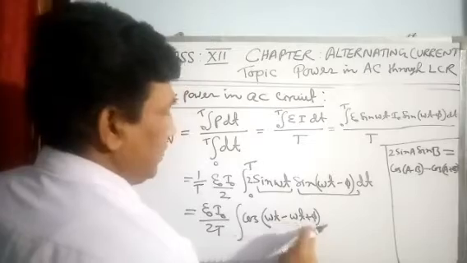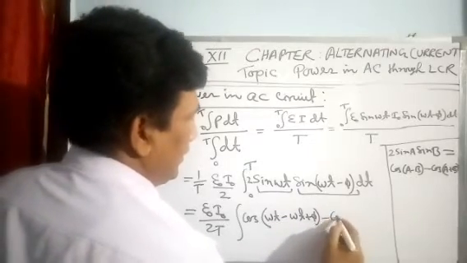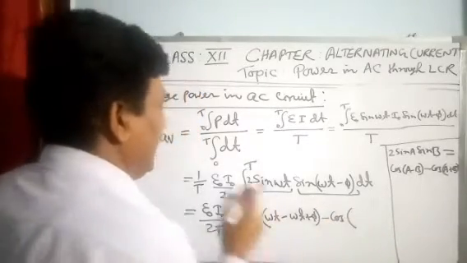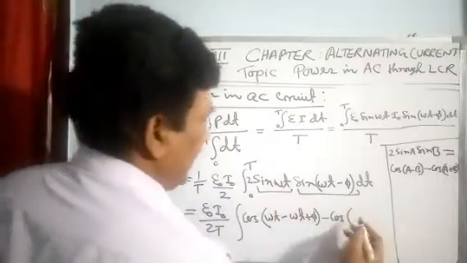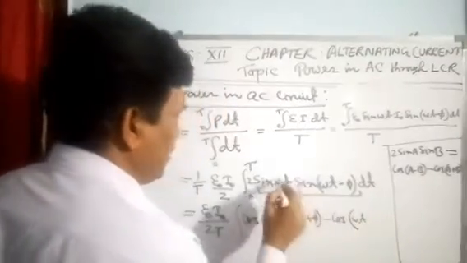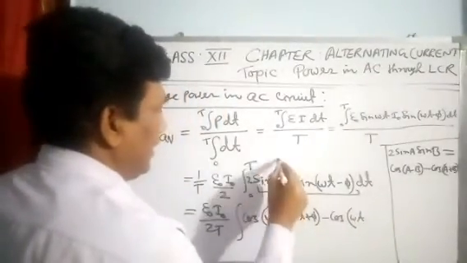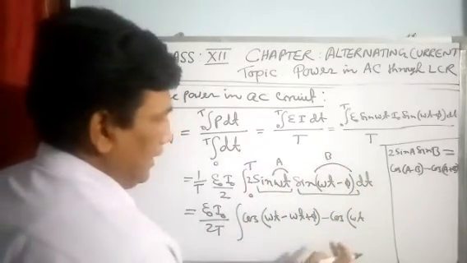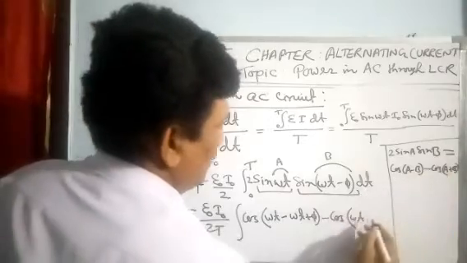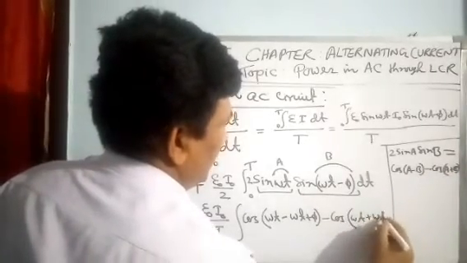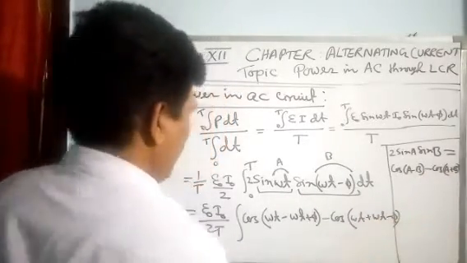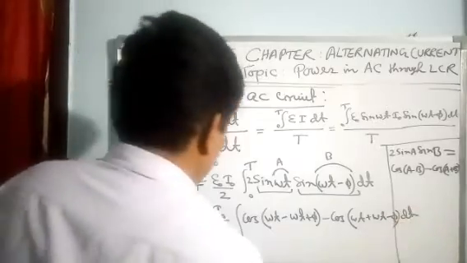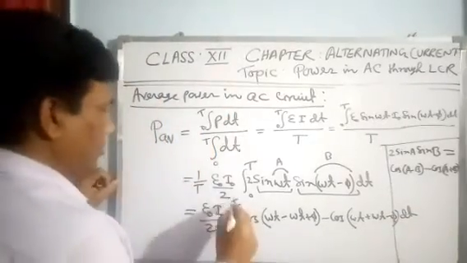Then cos(A minus B) is over, minus cos(A plus B). What is A here? Omega t. This part is A, and this part is B. Then dt, from 0 to T.